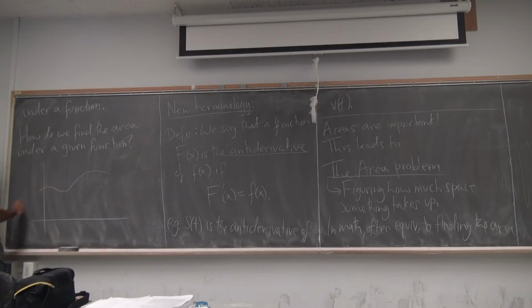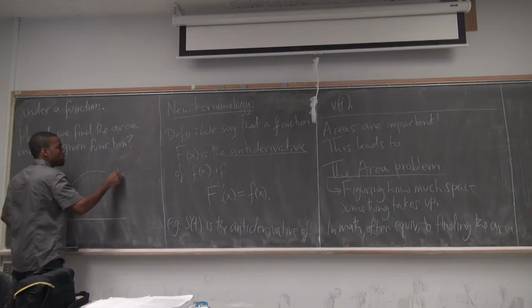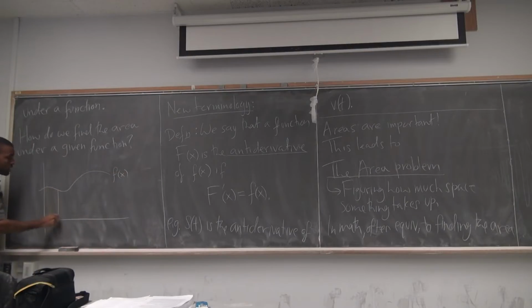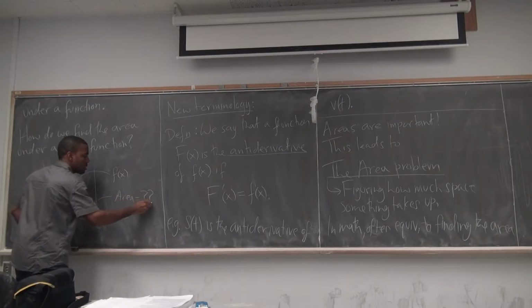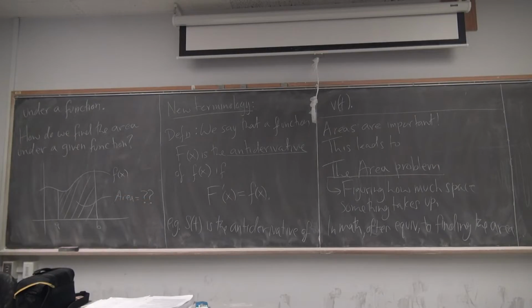So I have this random function, it's not necessarily a shape that we know about, it's not necessarily a rectangle or a triangle or a trapezoid or something that we have a formula for. It's some random function. And I want to find the area under that function between 2 points on the x-axis, A, B. Right? The area equals what?